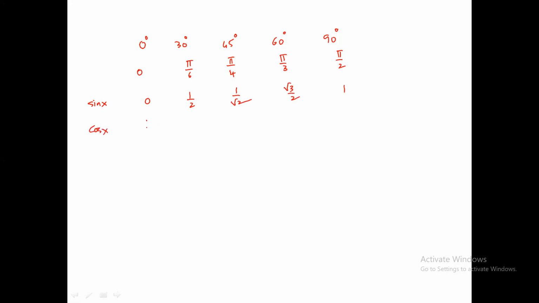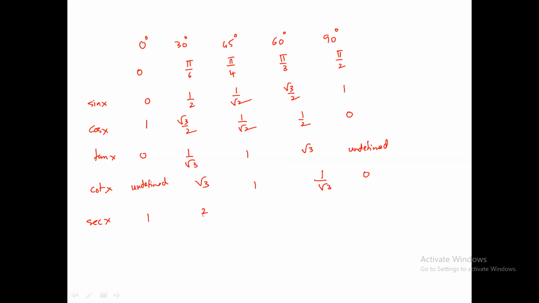For cos: 1, root 3 by 2, 1 by root 2, 1 by 2, 0. For tan x: 0, 1 by root 3, 1, root 3, undefined. Like this, you must also be able to write fast. Cot x: undefined, root 3, 1, 1 by root 3, 0.